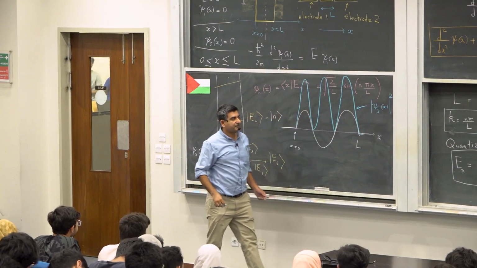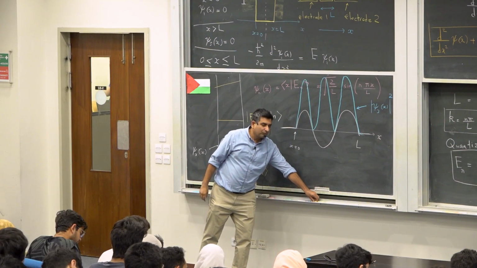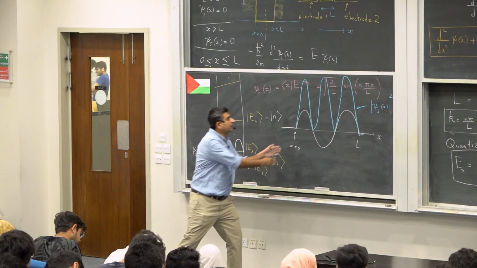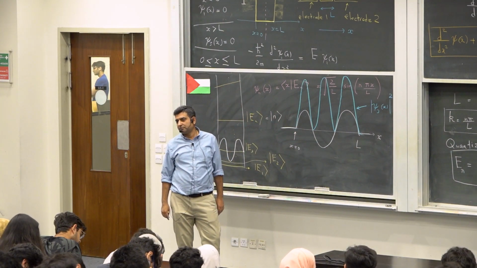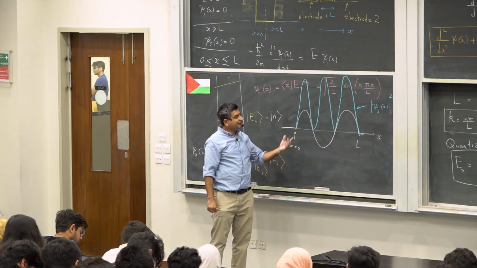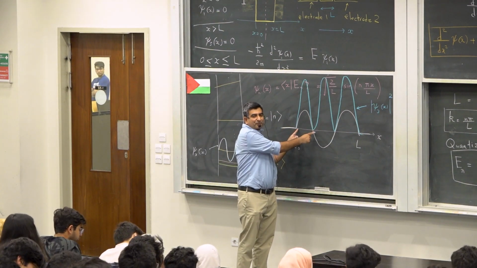This is a probability density function. Now I might ask you, what's the probability of locating this particle in the first 1/3 of this well? I integrate from this point to this point. By the way, this is an equal distribution, so this will be 1 over 3. 33% probability.